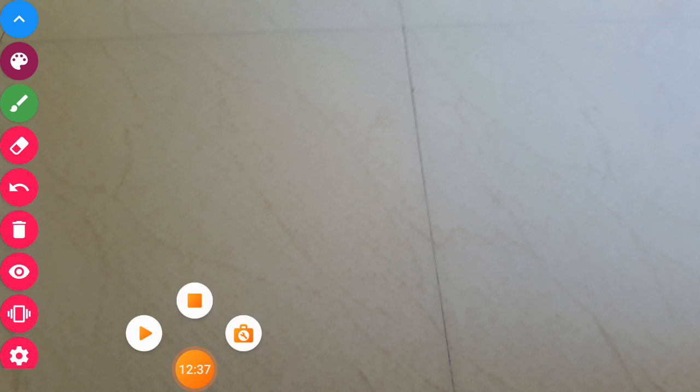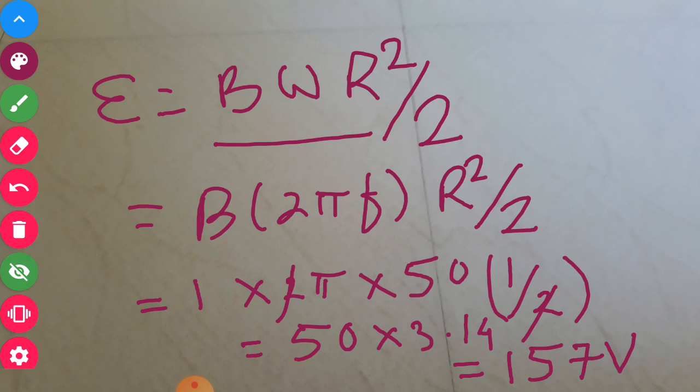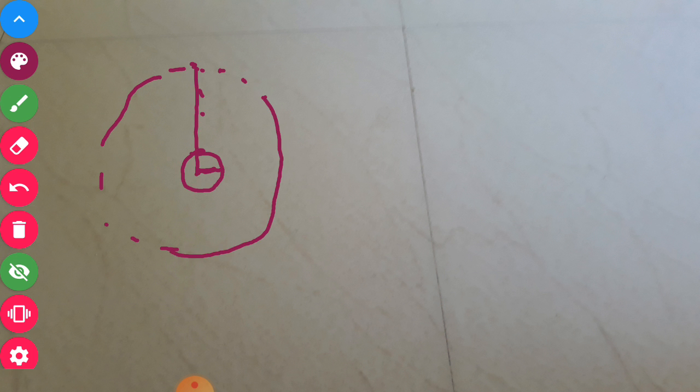We consider a small loop of radius r1 and the other loop of radius r2. Here r1 is very much smaller than r2, or r2 is very large.